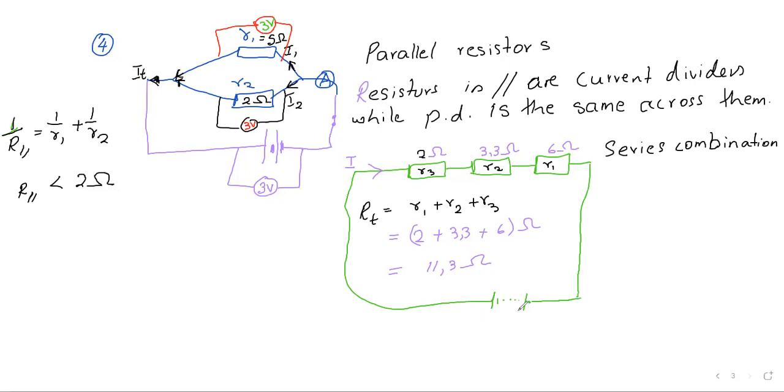Let's say we had 24 volts here. The voltmeter measures 24 volts.